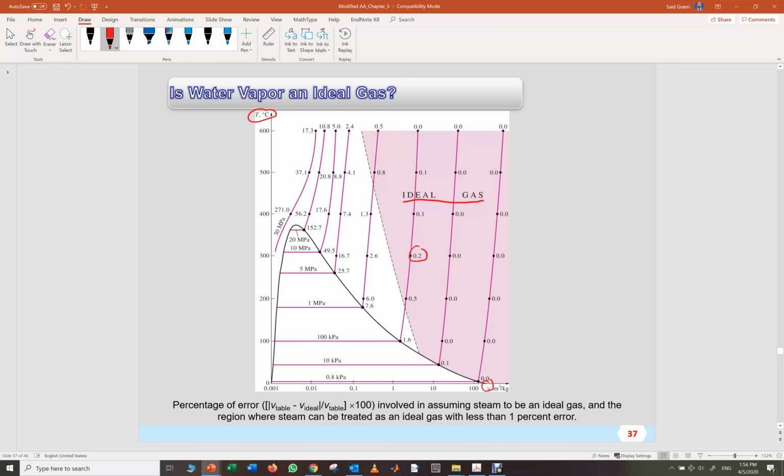This is the region where steam can be treated as an ideal gas with less than 1% error. Otherwise, here we cannot consider that the steam is an ideal gas. And this is the percentage of error at each point here.